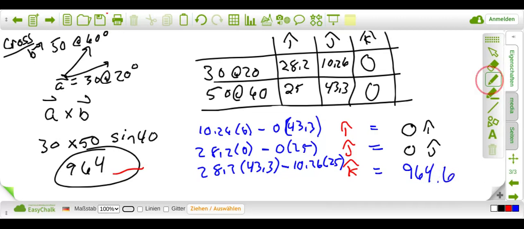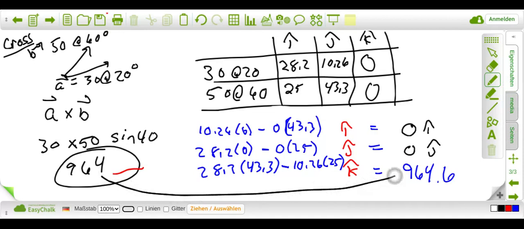Look at that. Again, a little bit of rounding here. If we take everything out to an extra decimal, I bet you we get exactly the same value. And so the cross product will give us the ability to solve if we can get the same exact value.